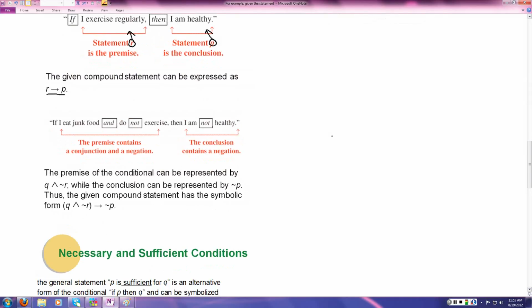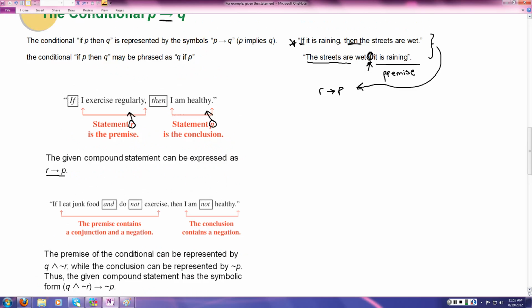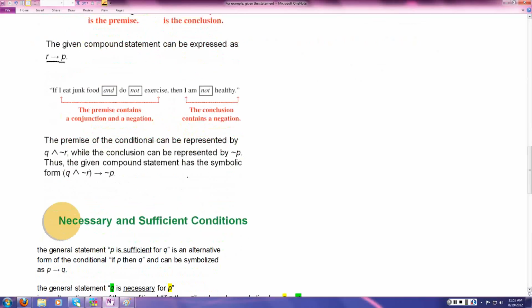Now we can mix conjunctions with conditionals. Here, all of this is the premise, and the premise involves the word and, which would be the up caret.